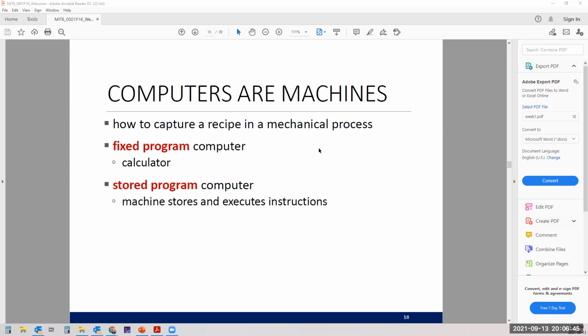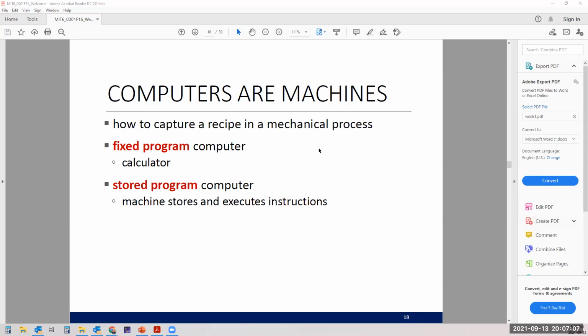Computers are machines again. How to capture a recipe in a mechanical process? Those of you in engineering, medicine, you have a lot of mechanical courses, right? Especially medical devices.